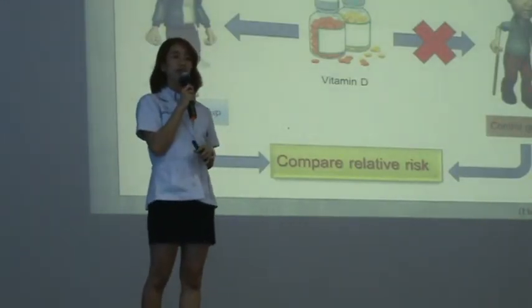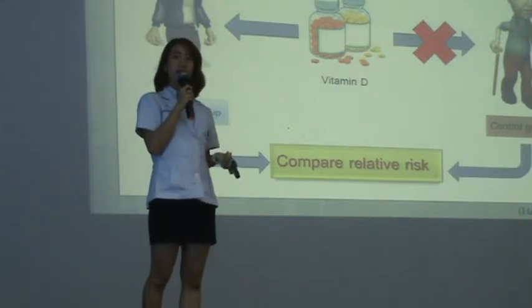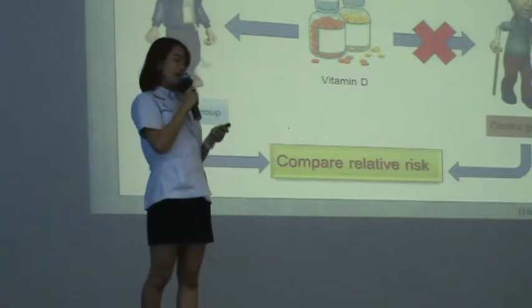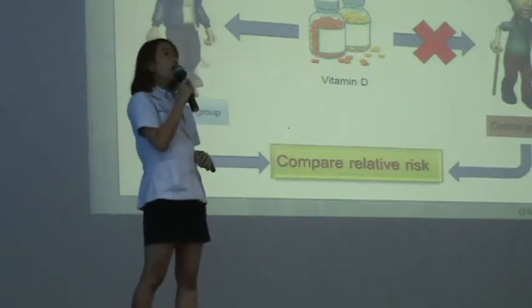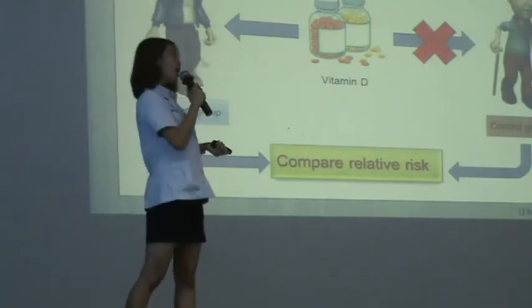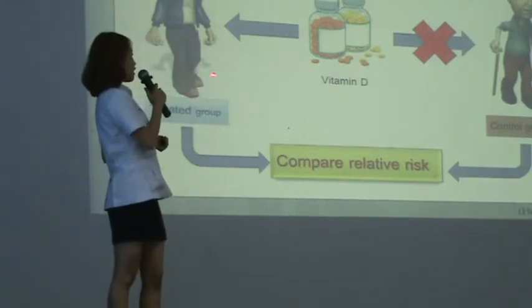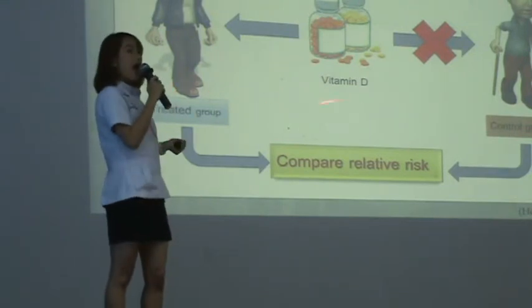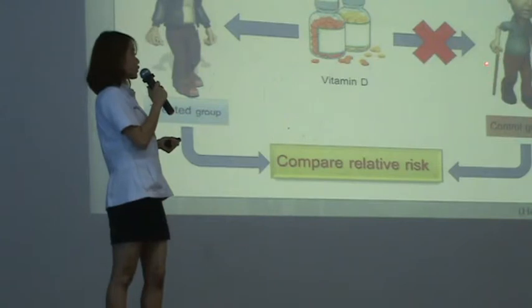The primary endpoint is the incidence of hip and any non-vertebral fracture. The primary aim is to compare relative risk by actual intake of vitamin D in the treatment group and data from the control group.